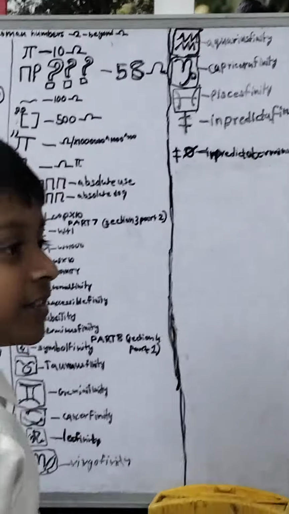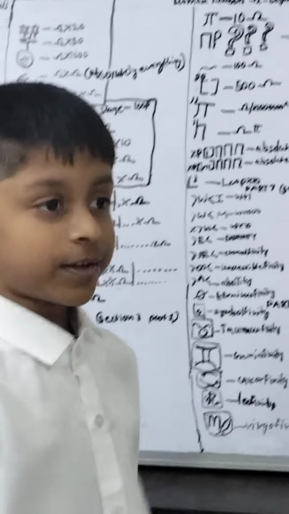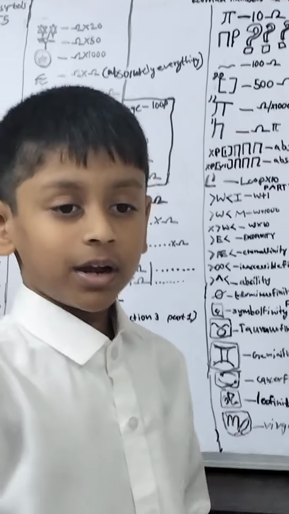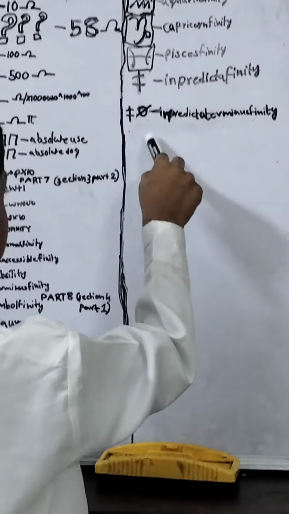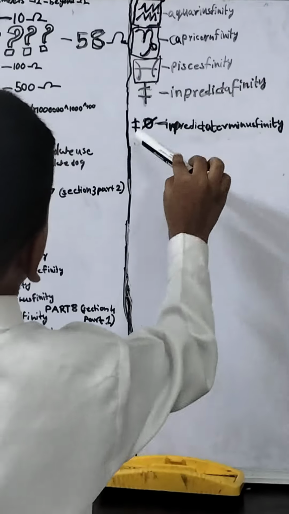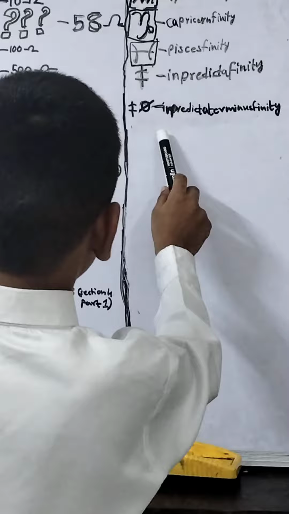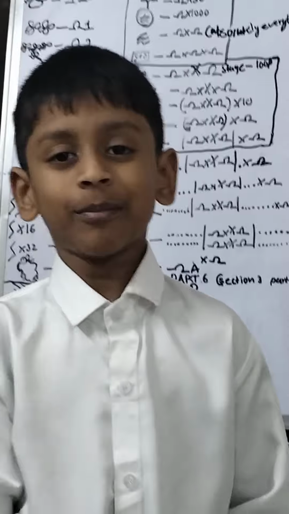And the last and the final that were made up with creativity and that was not real is this line and these two lines crossing it, plus an O and a slanted line with it, is equal to inpredictaterminusfinity.